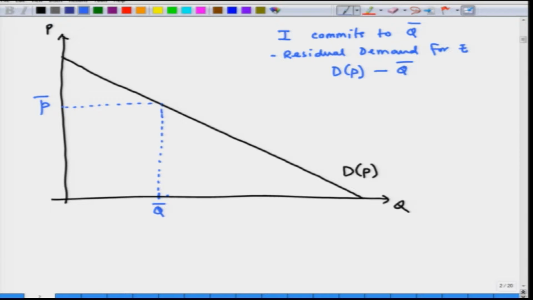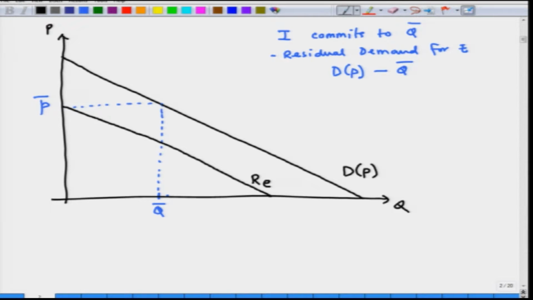So, the entire demand curve shifts down by an amount Q bar. Let us say the residual demand curve is given by this. Let us call this RE, residual demand for the entrant.